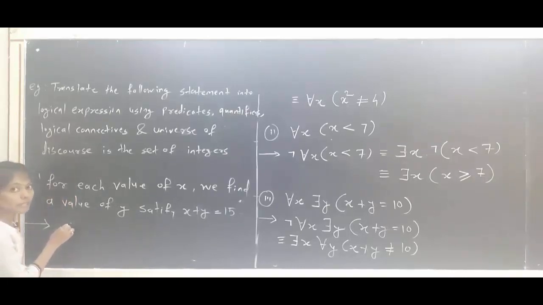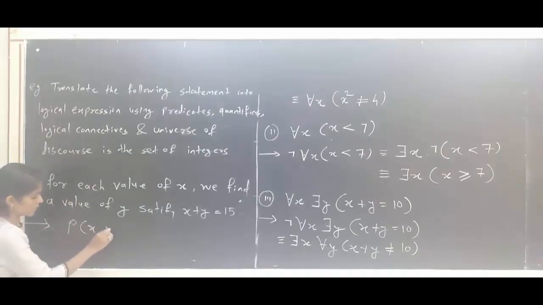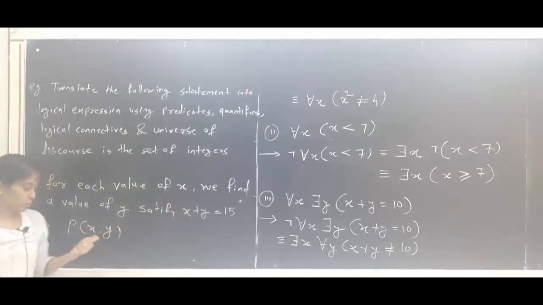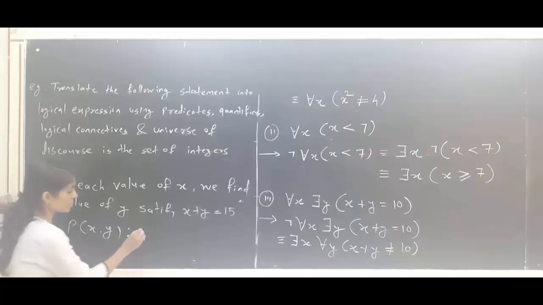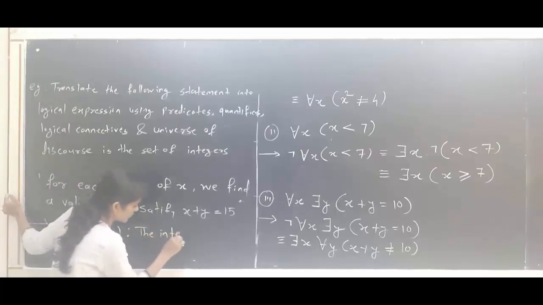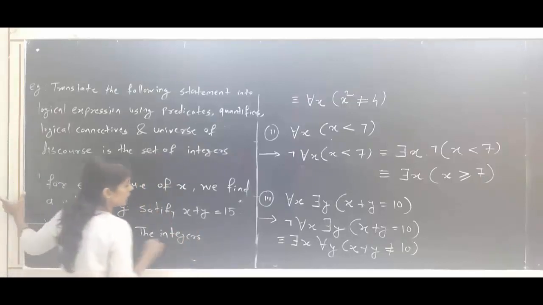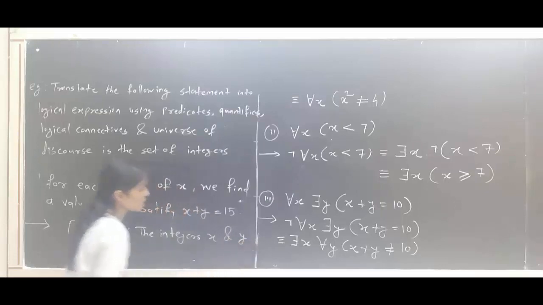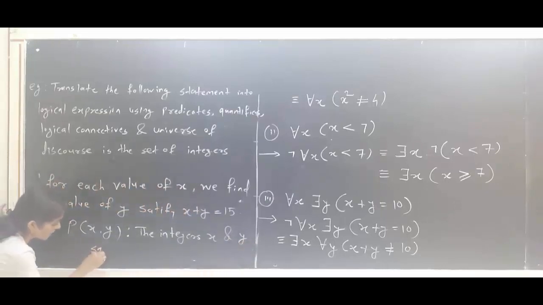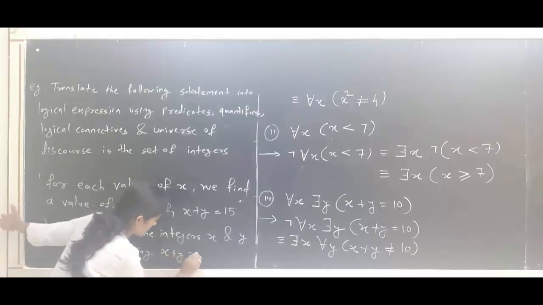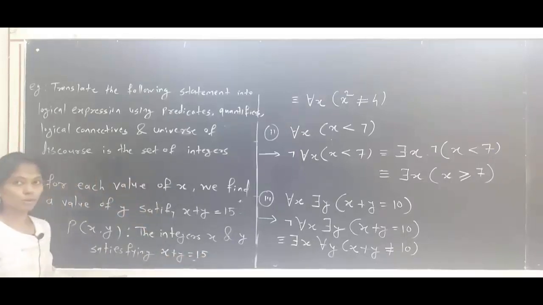So here first of all we denote P of x, y since it involves two variables x as well as y. So P of x, y denotes the integers, since universe of discourse is integer, the integers x and y satisfying x plus y is equal to 15. So this denotes P of x, y. Right?